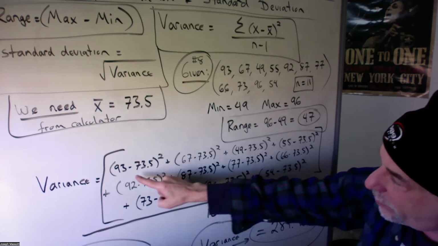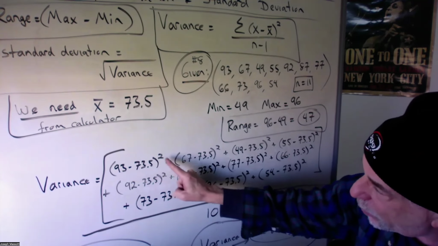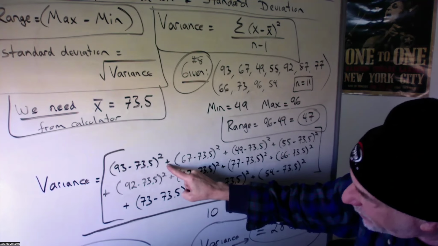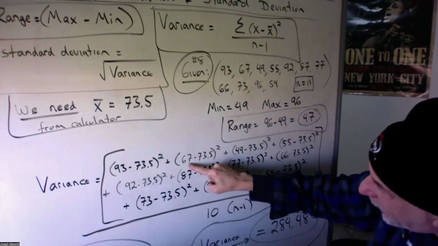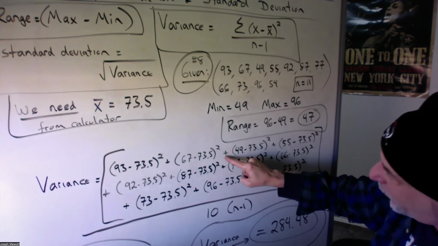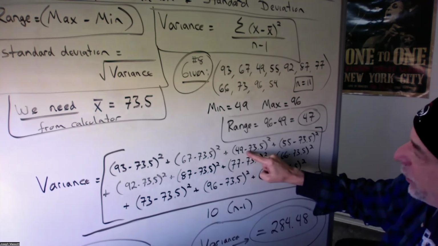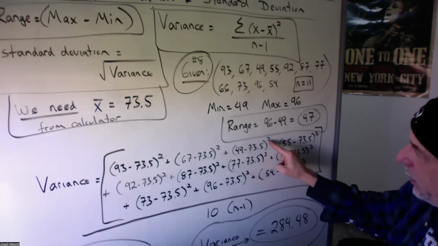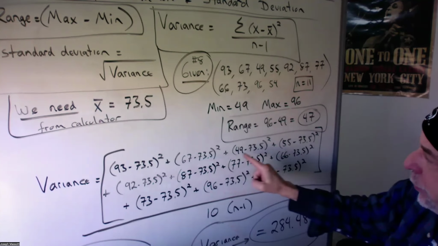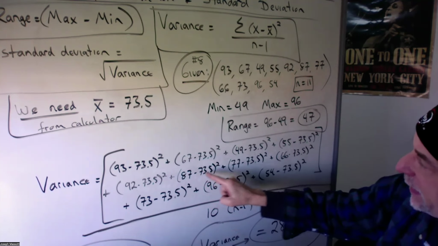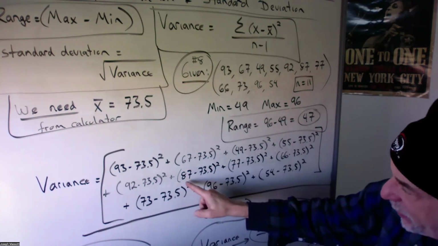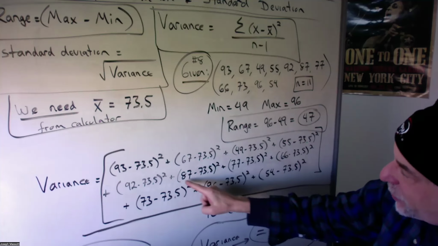We take the first value, we subtract the mean, we square it. And we add to that the second value minus the mean squared. And then we add to that the third value minus the mean squared. And we do that for all 11 values, right? 1, 2, 3, 4, 5, 6, 7, 8, 9, 10, 11 values. We take each value, we subtract the mean and square it.